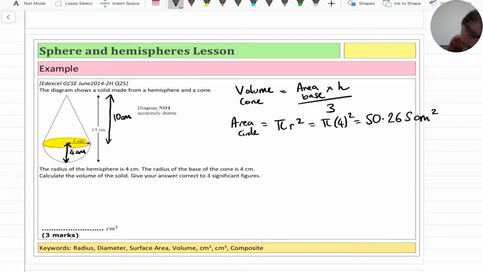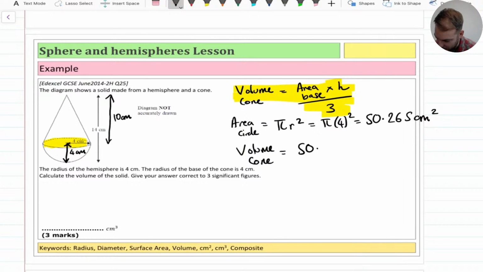So that's the area of the circle, but we're not trying to find the area of the circle, we're trying to find the volume of the cone, which is the area of the base times by the height divided by 3. So the volume of the cone is equal to 50.265 times by the vertical height of the cone, which is 10 centimetres, and then divided by 3.